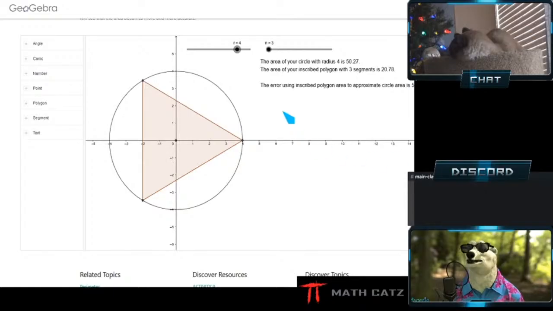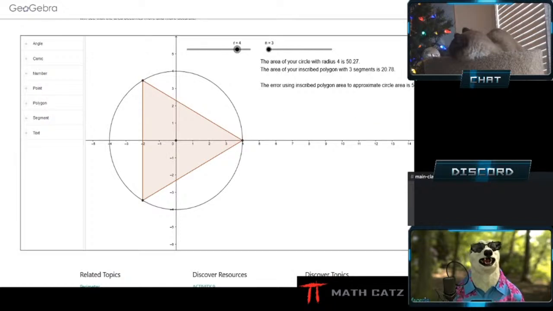So to better understand where the area formula for a circle comes from, I want to look at this. We're going to try and approximate the area of a circle with something we know the area of, a regular polygon.